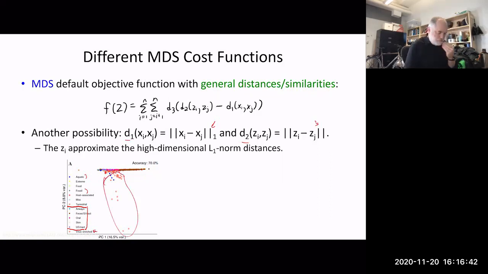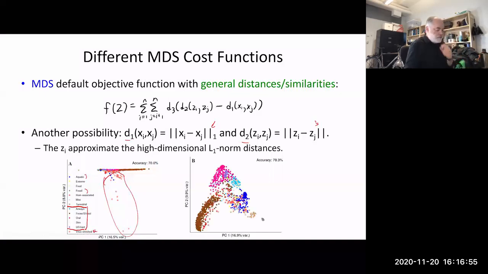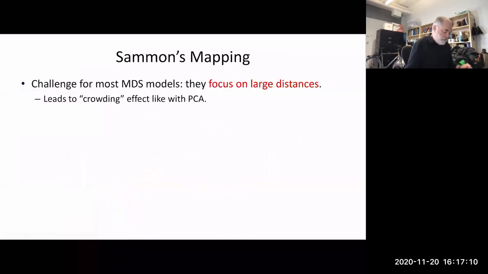And because PCA, MDS with squared losses, is very susceptible to outliers, it does a bad job. If you then switch over and do MDS with these robust distance functions, D1 and D2, you get a much nicer embedding, right?